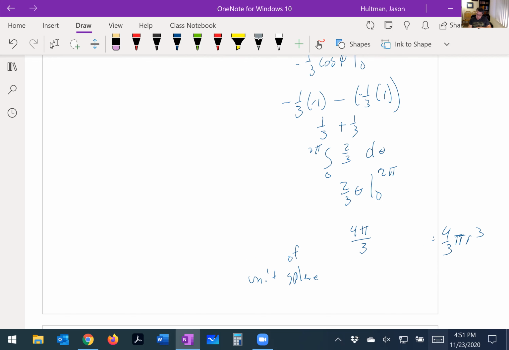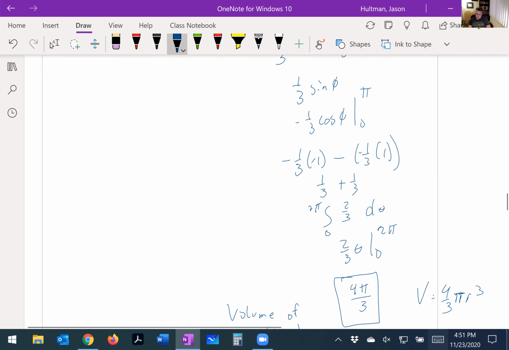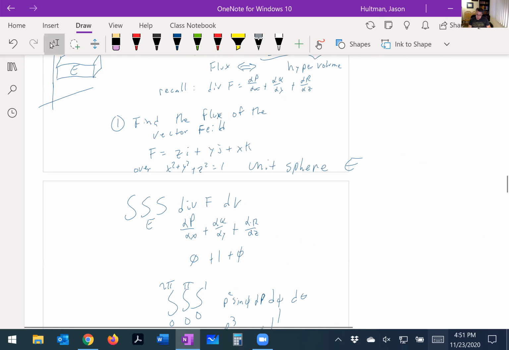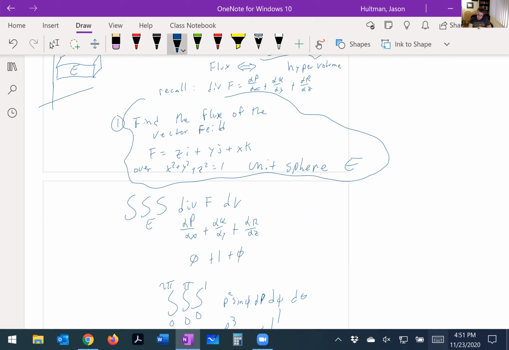The volume of a unit sphere is 4 pi over 3, which in this case was the flux of this vector field, the surface integral of F dot dS.